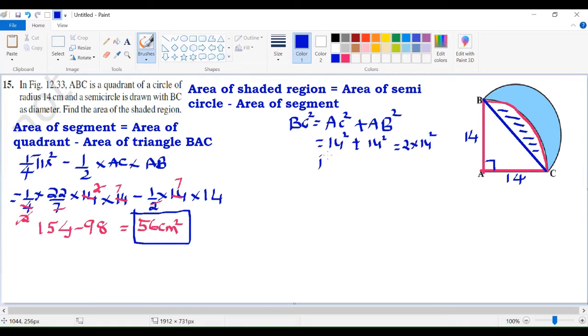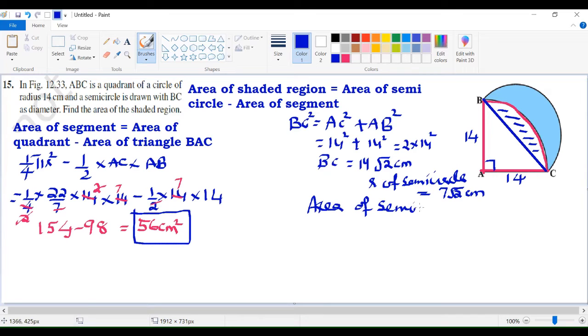So the square root of that will be 14 root 2. So BC equal to 14 root 2. So BC is the diameter. So what will be the radius of the semicircle? Half of that. So 7 root 2 centimeter. Now, area of semicircle.